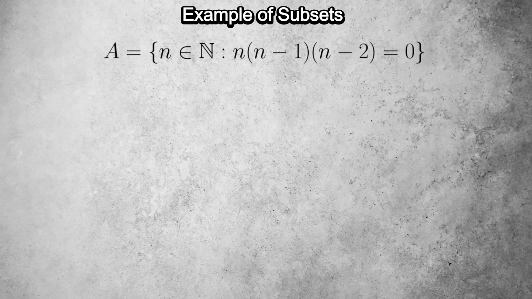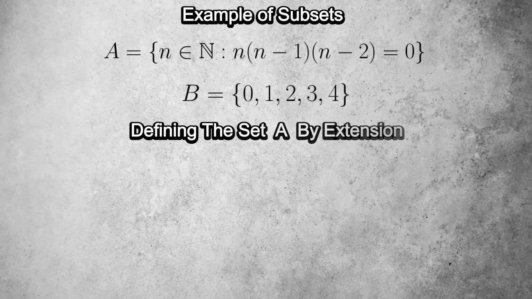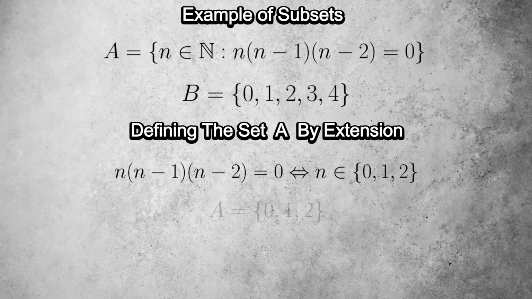Let us consider the following example. Consider the sets A and B, where A is the set of all natural numbers n such that n times n minus 1 times n minus 2 is equal to 0, and B is the set with elements 0, 1, 2, 3, and 4. We find that A can be expressed by extension, and all of its elements are 0, 1, 2.